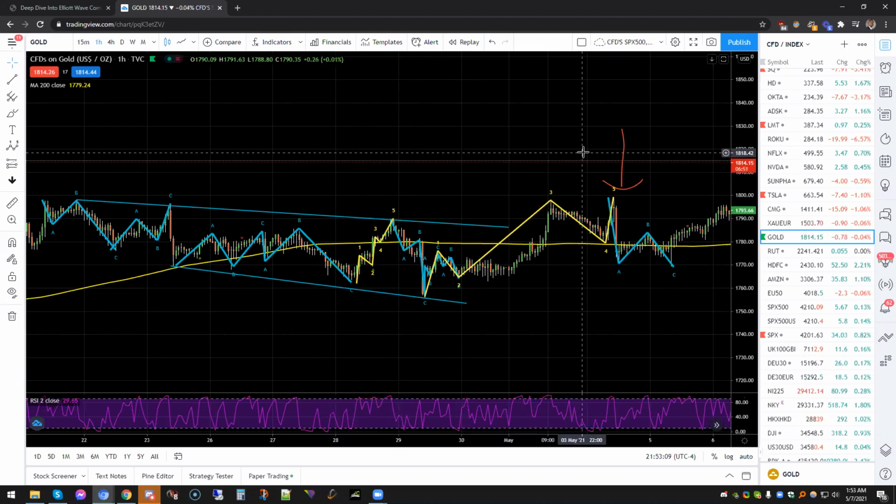That is how the market makers work. Once you have many buyers in the market, they will bring the price against them, stop them out before they take the price in the direction that it was supposed to go. So if the price was supposed to go up, too many buyers in the market, they're going to stop them out by bringing the price down and then push the price up again. Okay?